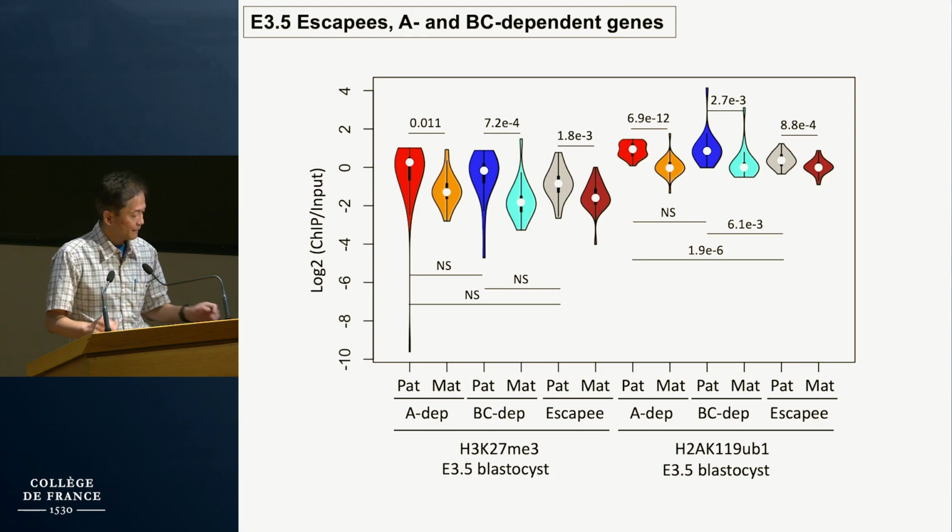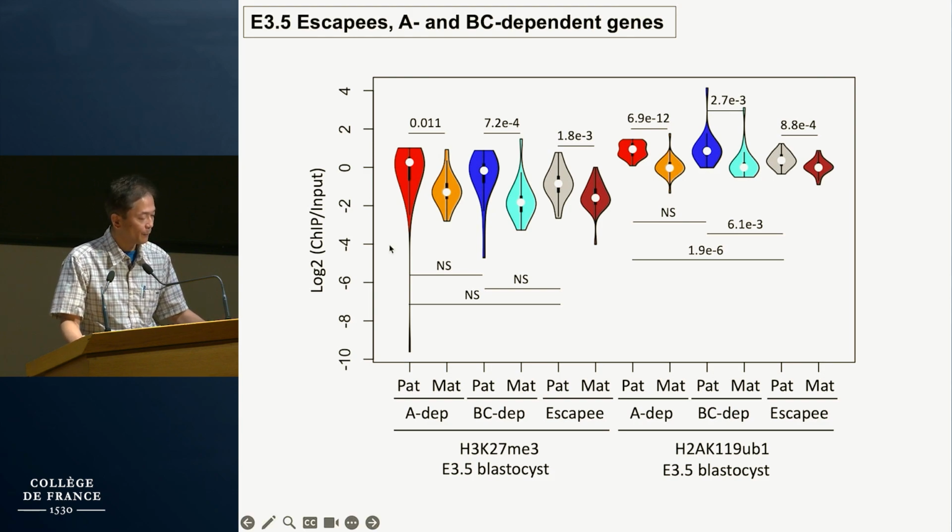However, if we focused on these A repeat dependent genes and BC repeat dependent genes, we did not see any significant difference in terms of these two polycomb marks. But these marks showed a lower amount of accumulation in these escapees, not yet silenced genes, in both modifications.